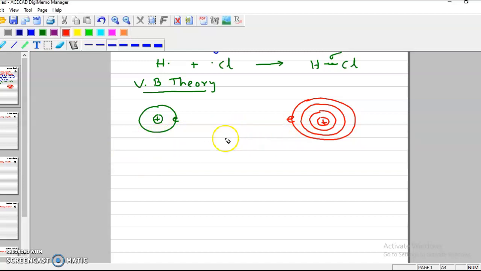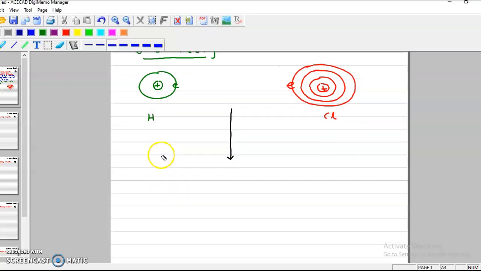Now these two atoms, one is hydrogen, another is chlorine. These two atoms approach each other for formation of a bond. In this case, there will be two forces acting on them.